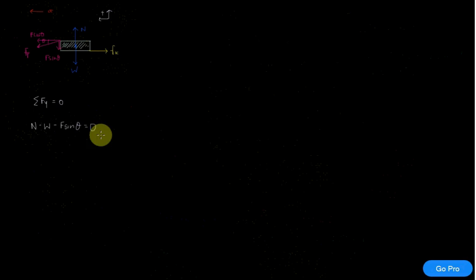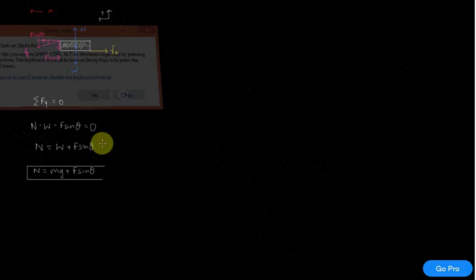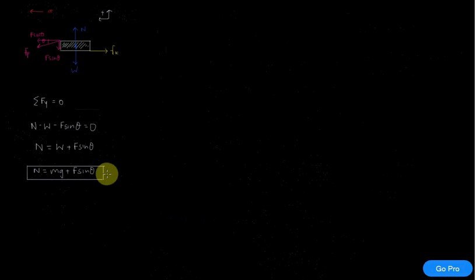Okay, so if I take both of these elements to the other side, the normal force is going to be equal to the weight force plus f sine theta, and we know that the weight force is mg, so the normal force is equal to mg plus f sine theta. And again, I'm going to put a box around this because it's going to become important just now. So there's my box, and I'll just close that off. So again, that's an equation that I want to make use of in a second.